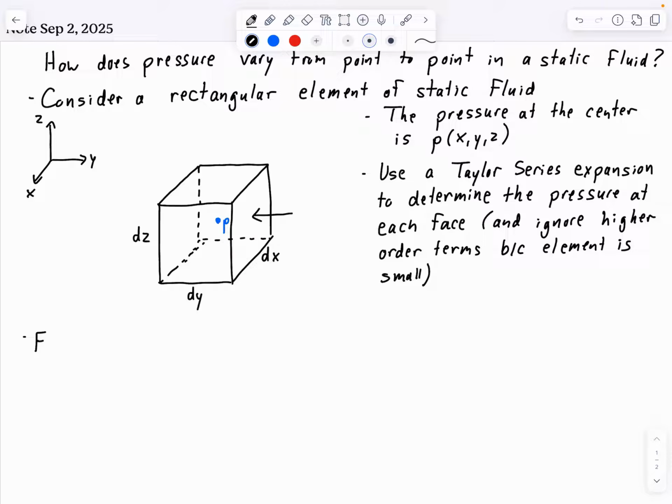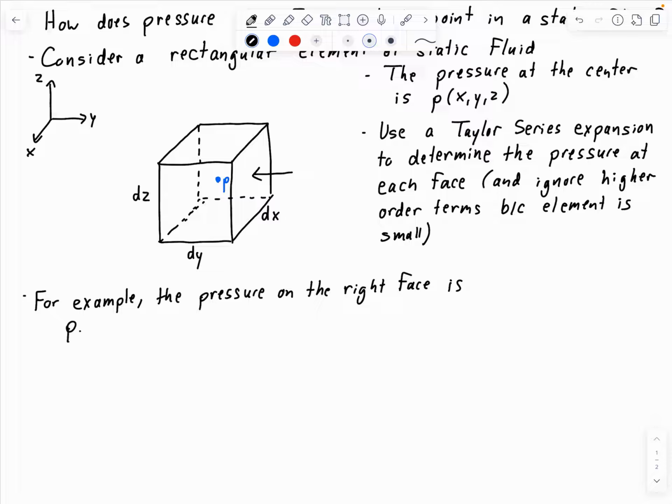For example, the pressure on the right face, which we'll call P sub r, is equal to P, the pressure in the center, plus del P by del y, which is an expression for how the pressure is changing in the y direction.